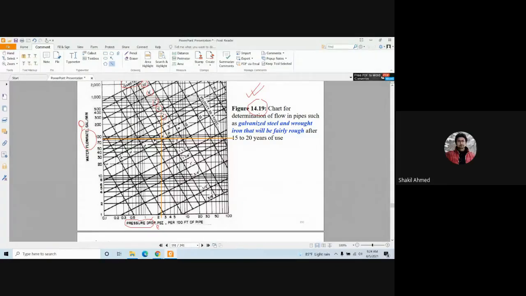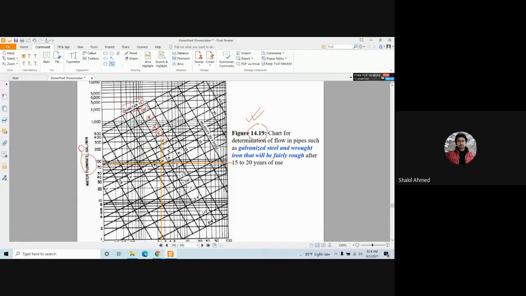Let me know if you don't get anything. So 2.3. So approximately, where is the diameter? Approximately this is 2 and this is 3, right? So 2.5 inch approximately.